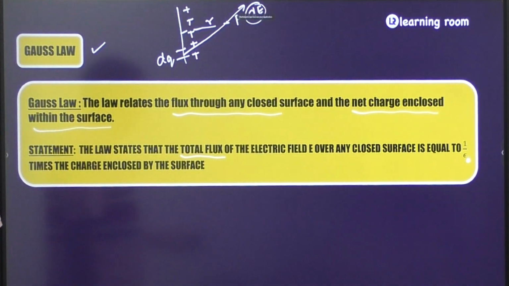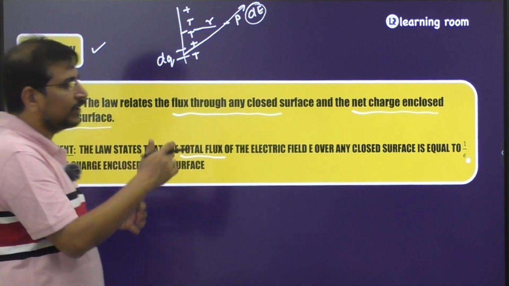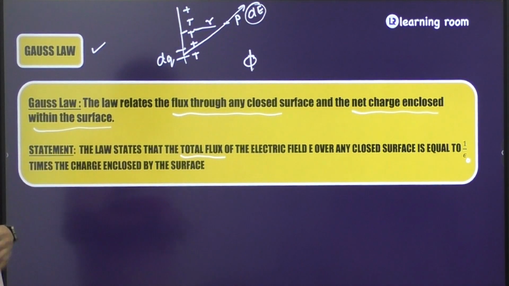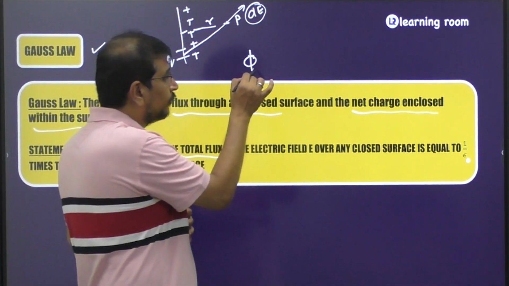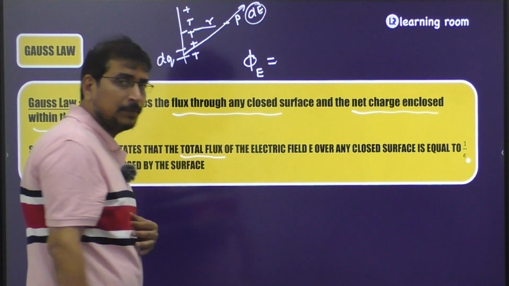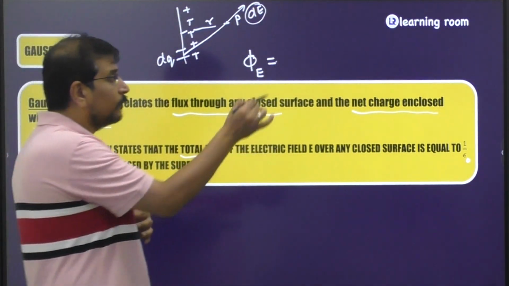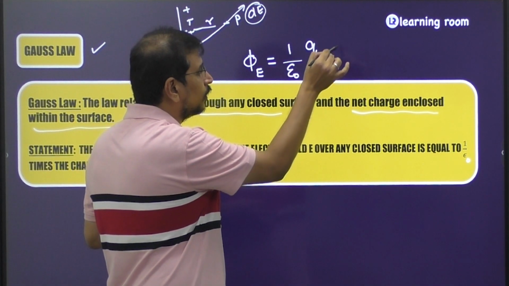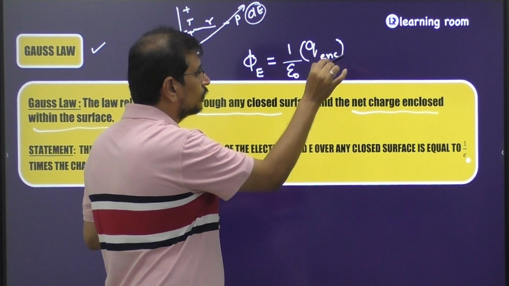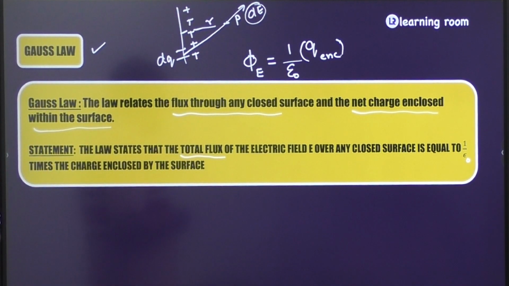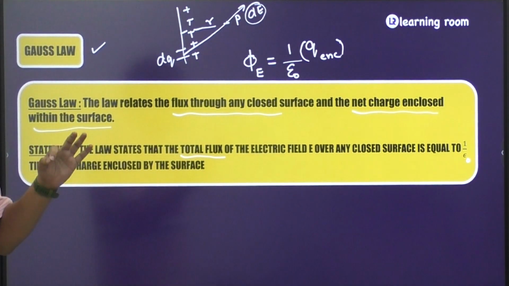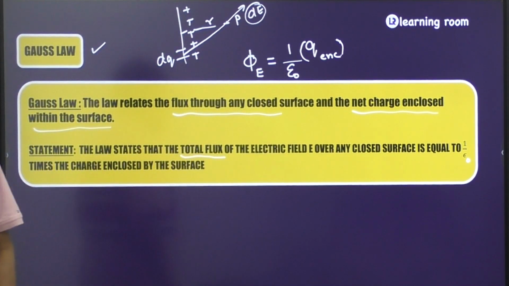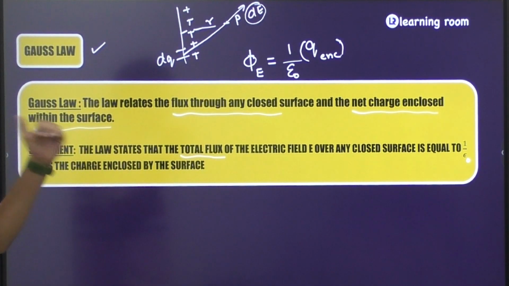But how do I write it mathematically? I need to convert the statement into a mathematical form. Phi stands for flux, so if I put a subscript E, then phi_E is equal to 1 divided by epsilon naught times the charge enclosed. Q_enc, where ENC stands for enclosed, is a subscript. So the electric flux is equal to 1 by epsilon naught times the charge enclosed by the Gaussian, the closed surface.